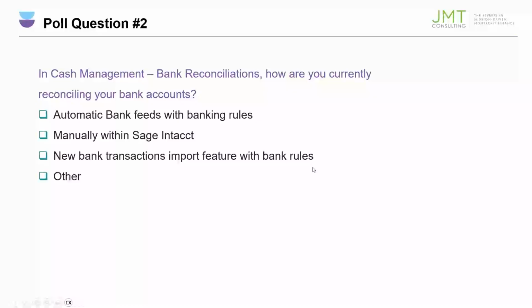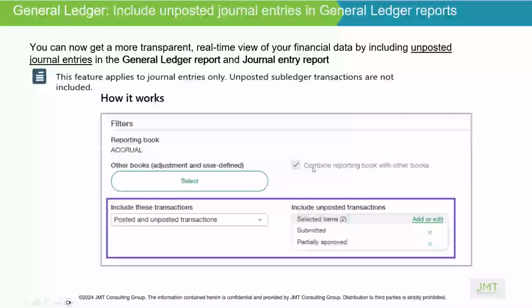Let's go on to the next one. This is one I got really excited about. Again, I focused on the little things that make a big difference. But this is especially exciting for those of you that came over from MIP and some other software. On the general ledger report, look what you can now include. You can include unposted journal entries.